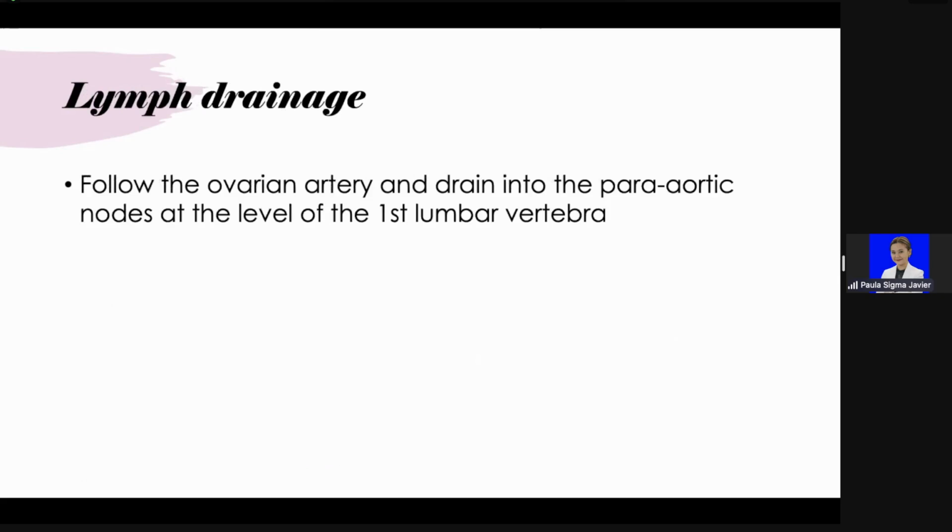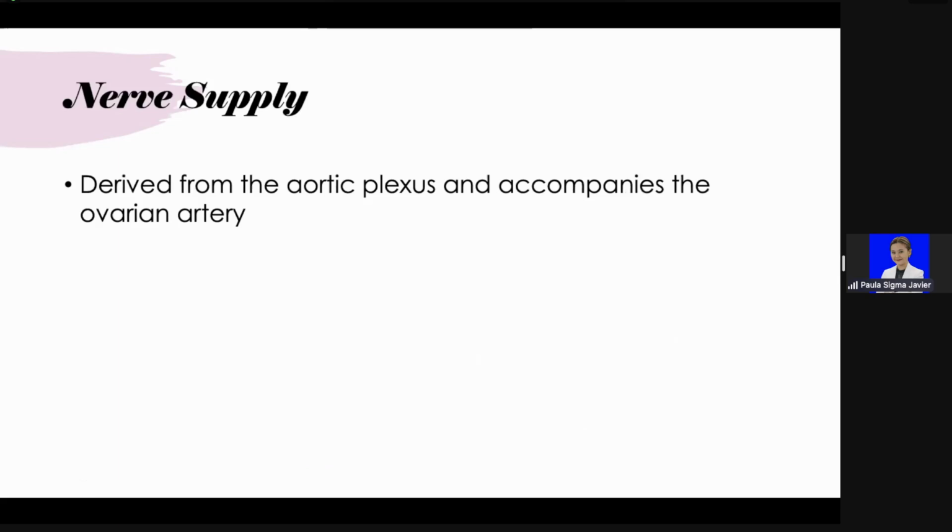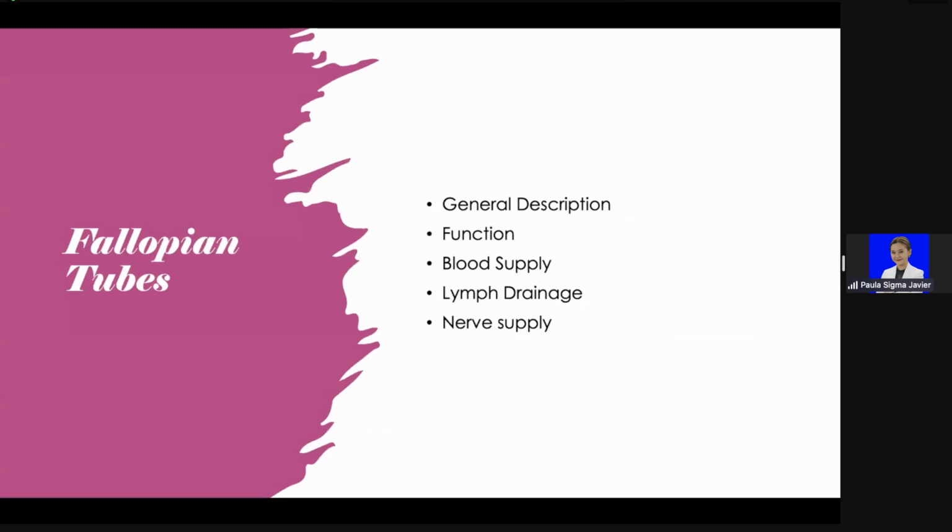For the lymph drainage, it follows the ovarian artery and drains to the para-aortic nodes at the level of the first lumbar vertebra. The nerve supply is derived from the aortic plexus and accompanies the ovarian artery.